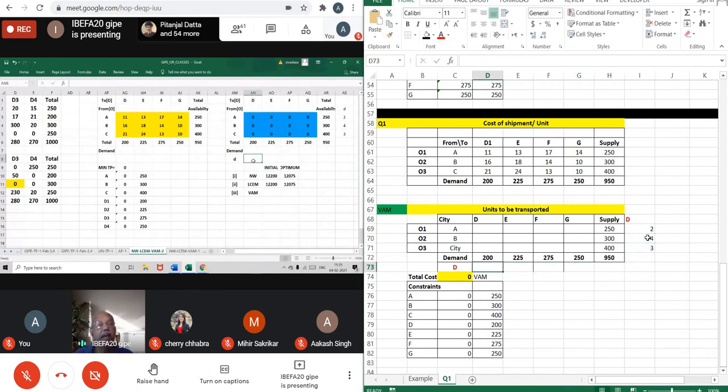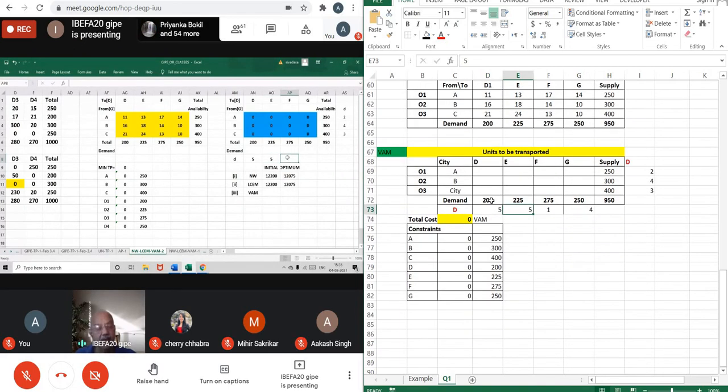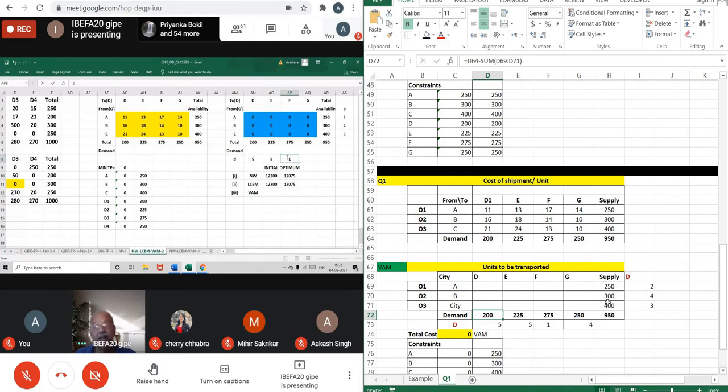And here 11 and 16, 5. Next 13 and 18, 5. Next 14 and 13, 1. And the next, 10 and 10, difference is 0. So 0 is the minimum.